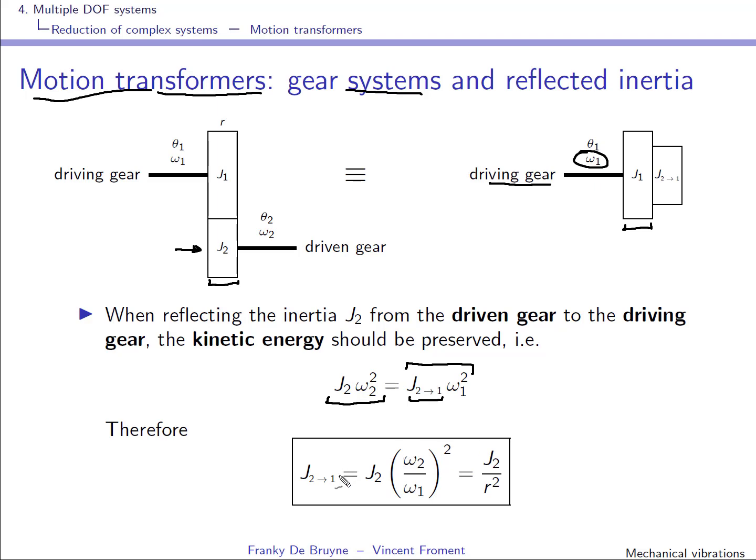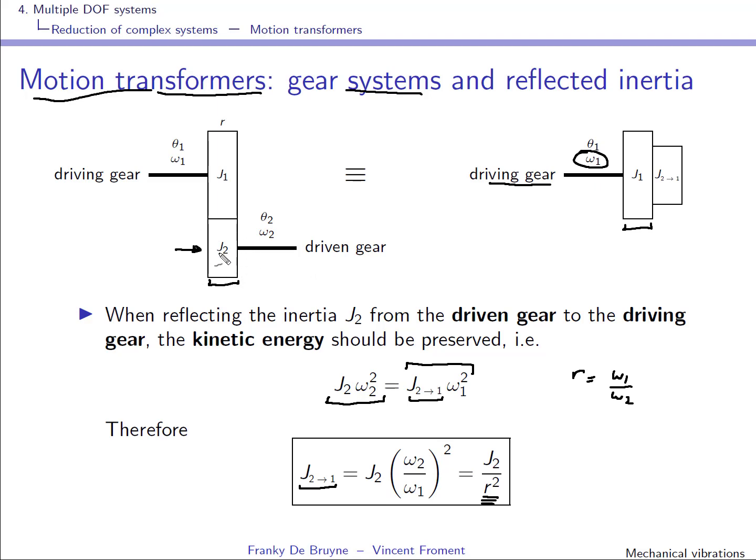This gives us an expression of the moment of inertia brought back to the driving gear, and it involves a ratio which is the inverse of r squared. This r was the gear ratio, written as omega 1 over omega 2, so the rotational speed of the driving gear divided by that of the driven gear.